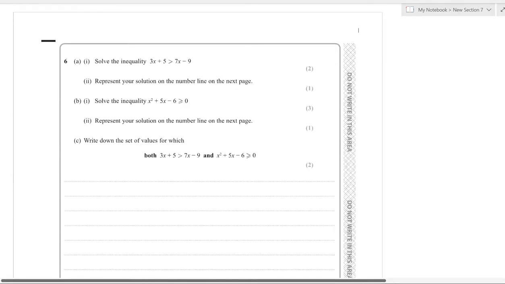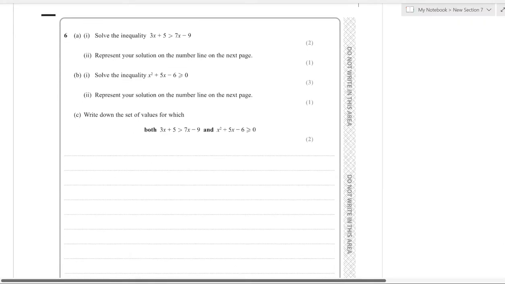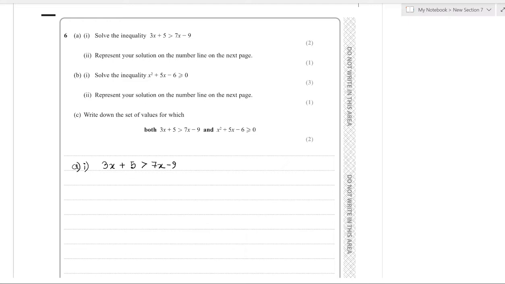Solve the inequality 3x plus 5 greater than 7x minus 9. So in part A1, you have 3x plus 5 greater than 7x minus 9. If you shift that 7x to the right hand side, you have 3x minus 7x, and 9 minus 5.